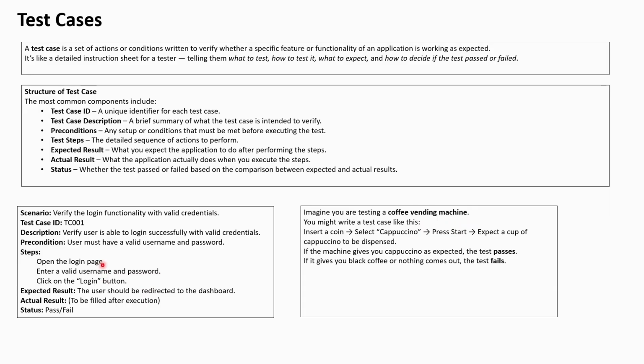Then the detailed steps: you have to insert a coin, select a cappuccino and press start. That is the sequence of steps that you are going to perform. Then the expected result is the machine dispenses the cappuccino. The actual result you have to write after the execution. Then the status is based on the comparison between the expected result and the actual result.